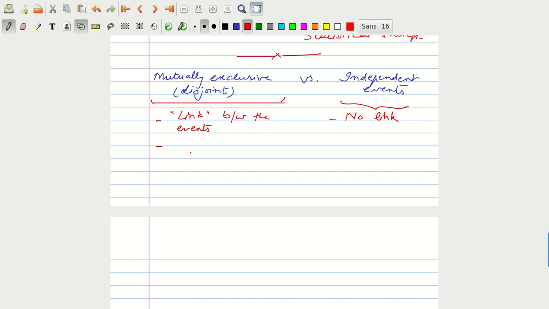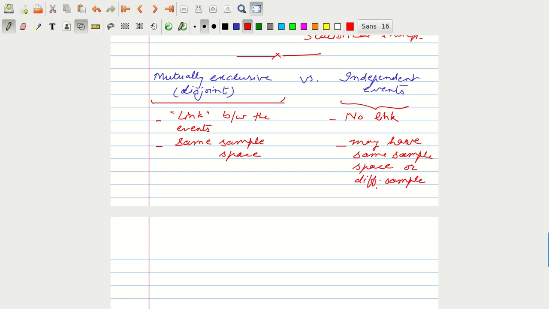Moreover, the disjoint events are defined over the same sample space. Whereas the independent events may be defined over the same sample space as in the example we just saw, or they even may have different sample spaces.